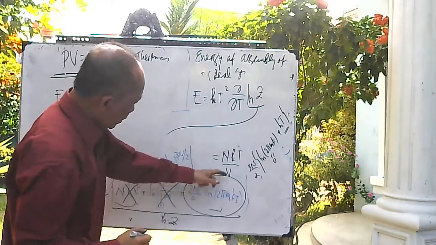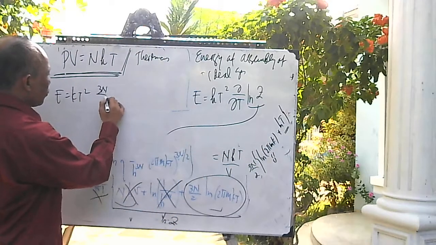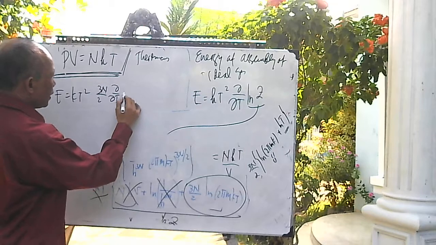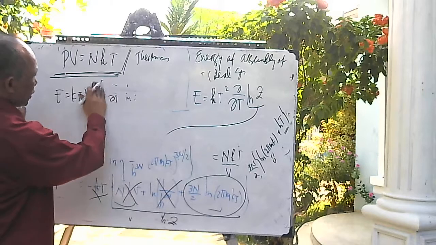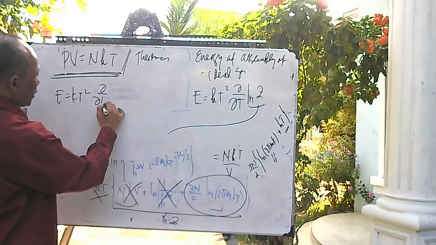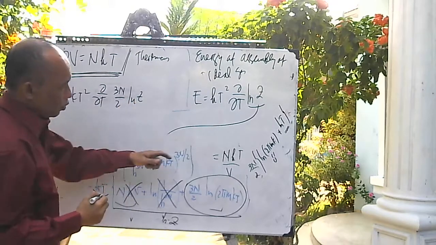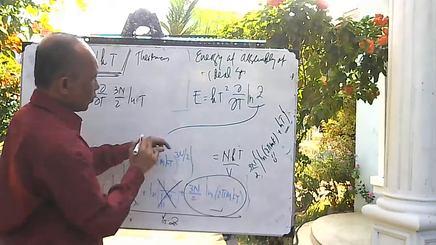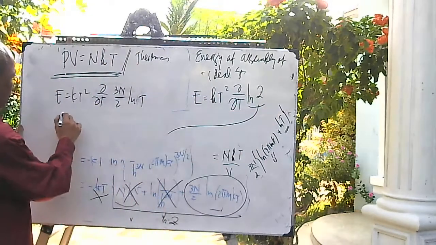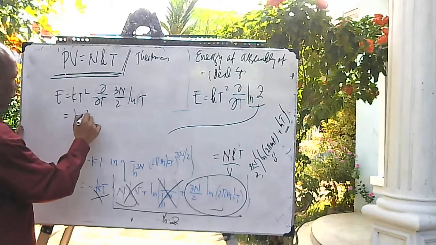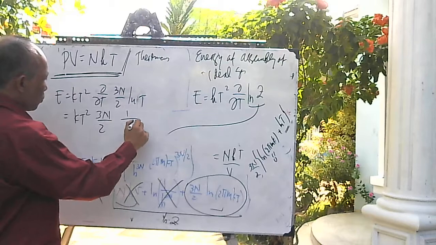We only derive this expression, d over dT of 3n over 2 ln T. We only consider the last expression that contains temperature. So if we do this one, 3n over 2, if we derive ln T, it is equal to 1 over T.